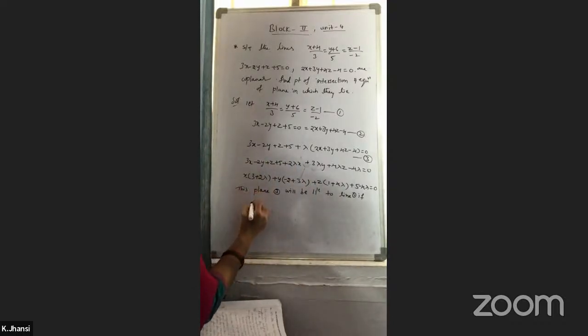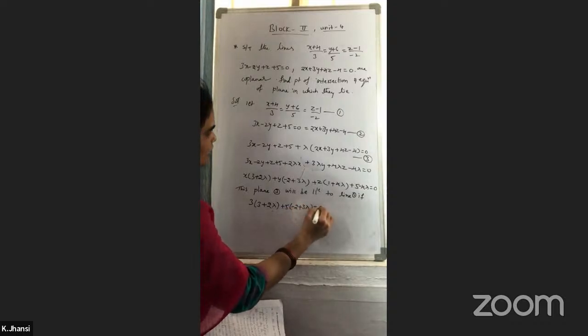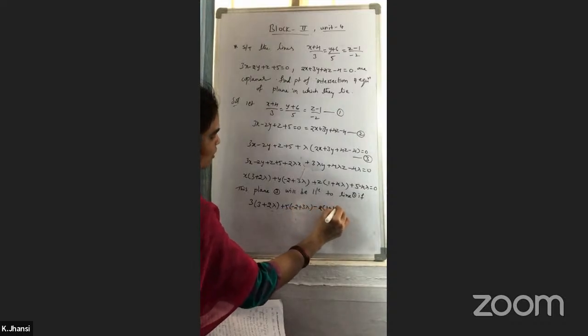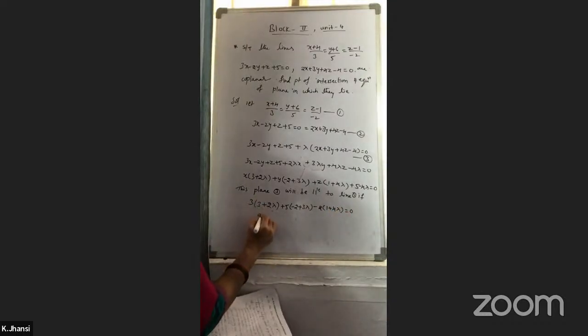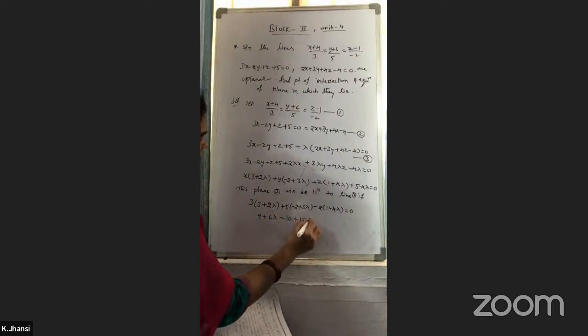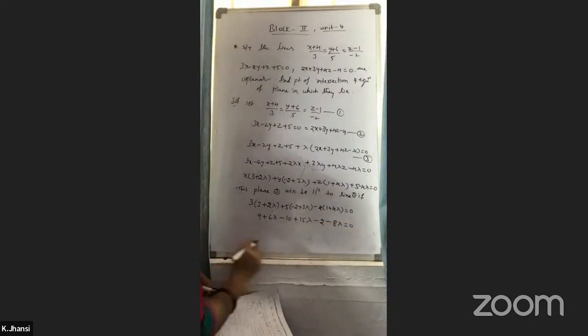Okay. So that is 3(3 + 2 lambda) + 5(-2 + 3 lambda) - 2(1 + 4 lambda) = 0. Now you simplify this. 3 threes are 9, 3 twos are 6 lambda, -10 + 15 lambda, -2 - 8 lambda = 0.